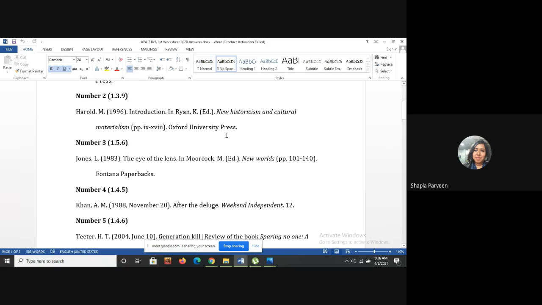Only the name of the publisher is required, but the name of the place is not required according to the 7th edition. I just want to check this rule for the editor's name, 1.3.9, let me double check.